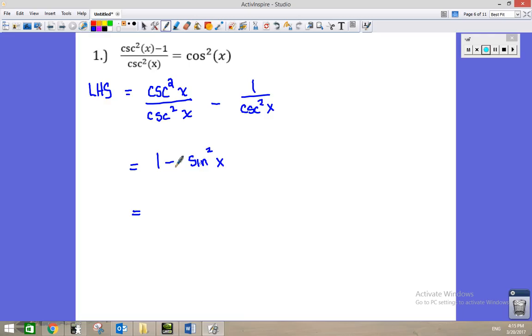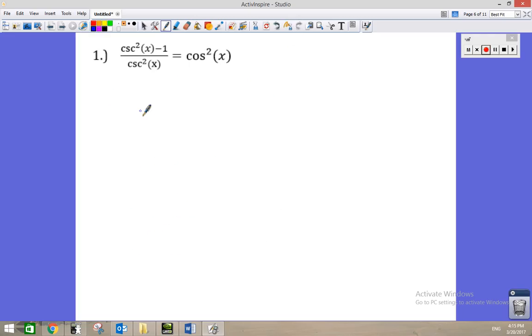And by the Pythagorean theorem, 1 minus sine squared is cosine squared, and we're done. That's the right-hand side. We started with the left-hand side, split the one fraction into two, and combined the two terms into one term by the Pythagorean identity. So let's do this a second way.